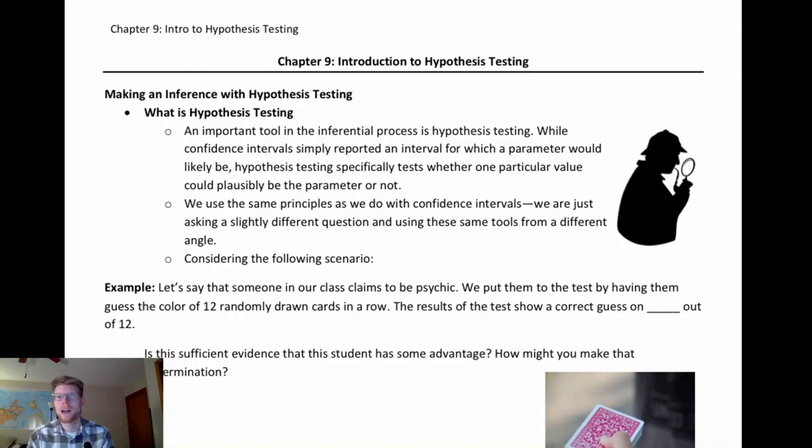If the sample result that we saw is something that we could reasonably get by random chance if it's true, then we say we fail to reject the null hypothesis. We're going to say that this candidate parameter is a candidate parameter. It makes sense that it could be true, that the sample result we got is something that we would reasonably see if it were true.